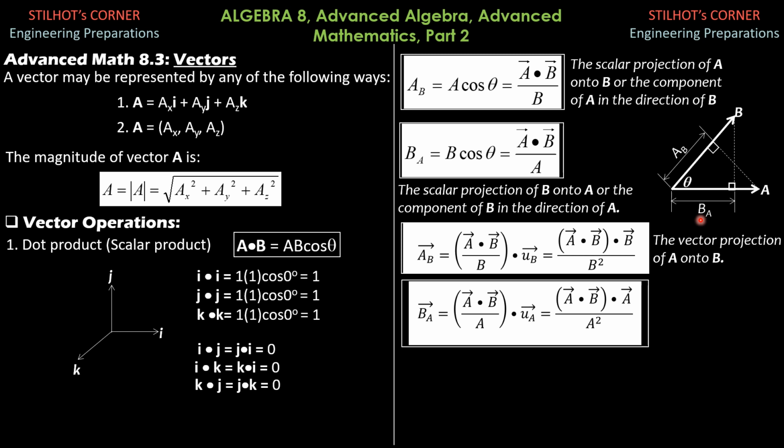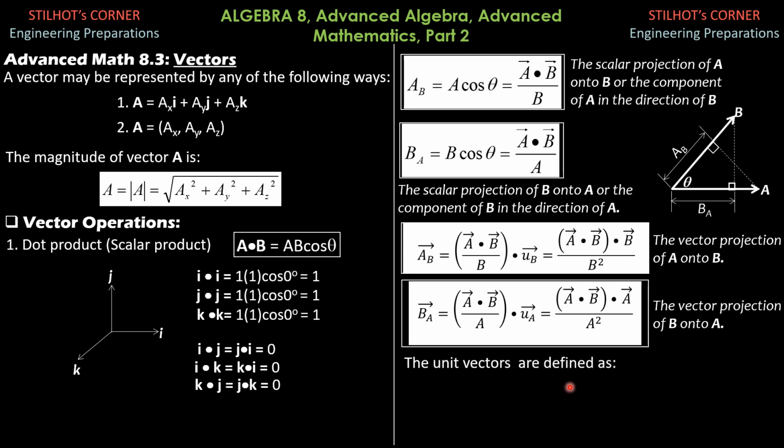You memorize that. Then this is B sub A, magnitude of B cosine of theta, and you can find that from here. It is A dot B divided by A without looking at that formula. Then if you want this to be in vector form, this scalar value should be multiplied by the unit vector of A, which is simply vector A divided by magnitude of A. And it becomes a vector. So the vector projection of B onto A.